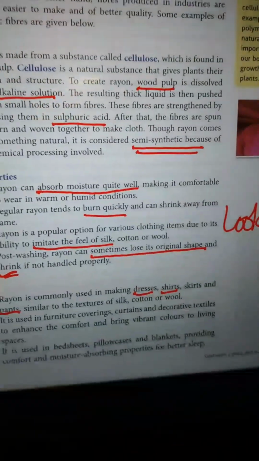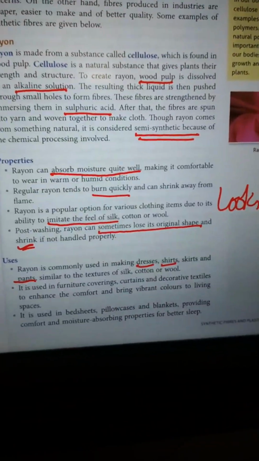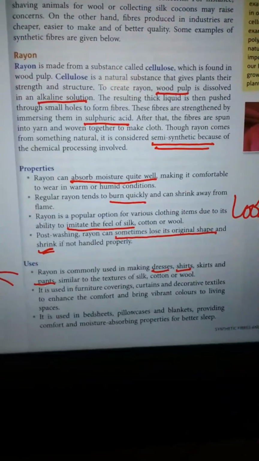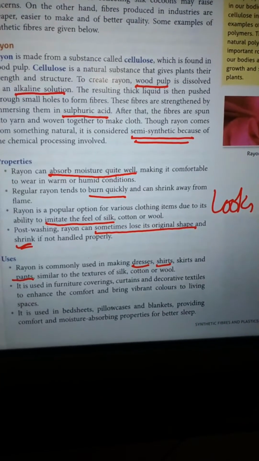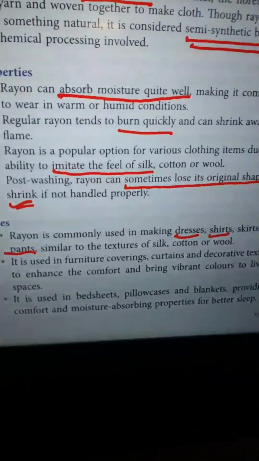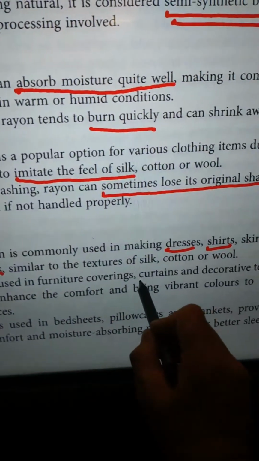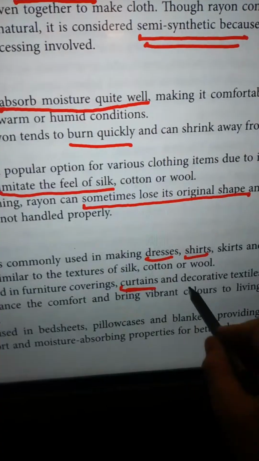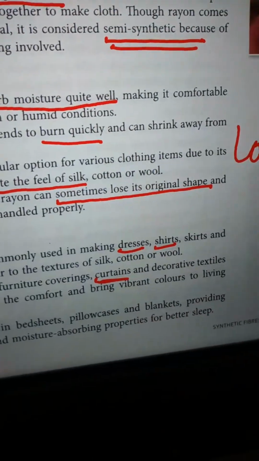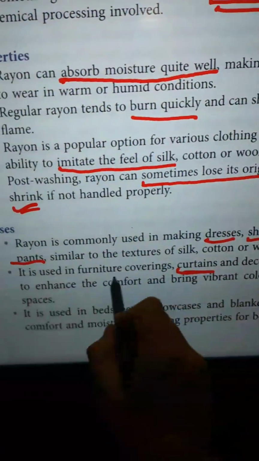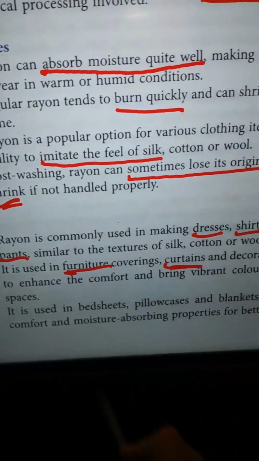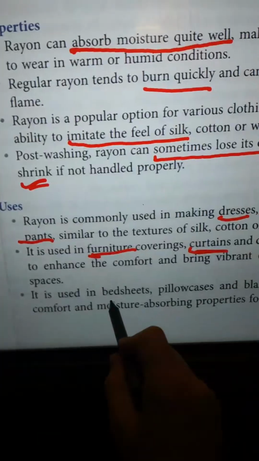You must have seen shirts and saris which look like silk but they are not silk, they are rayon. Then it is used in furniture covering and curtains. Everyone has curtains. These days curtains are made by mixing nylon also, but basically furniture covering. Then it is used in bed sheets.